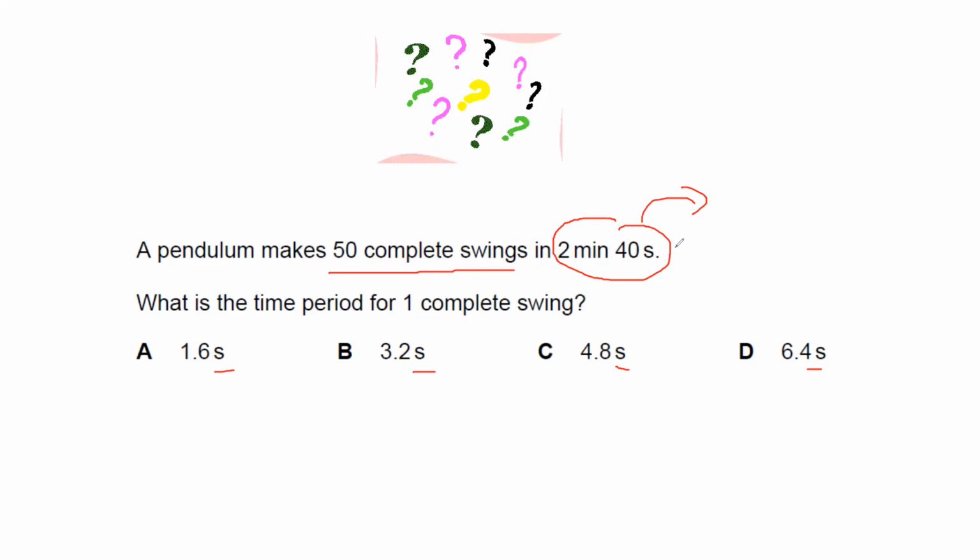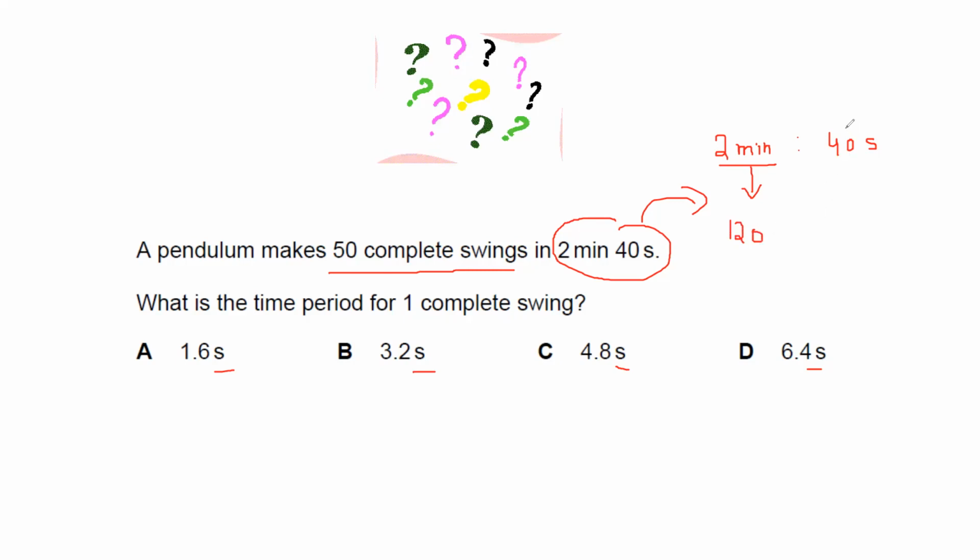In 2 minutes we have 120. You don't have to multiply anything. It is 2 minutes and 40 seconds. How many seconds are there? 1 minute is having 60 seconds, so 2 minutes will be 120.